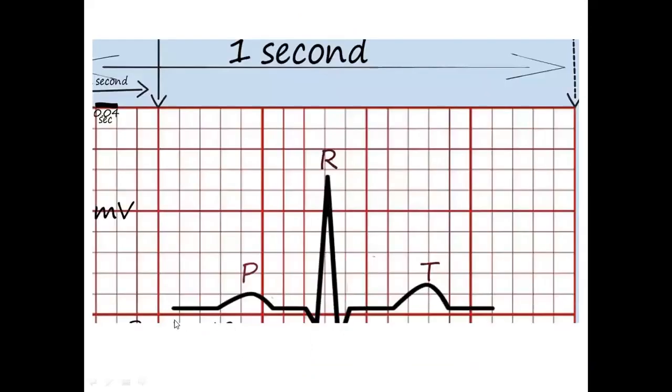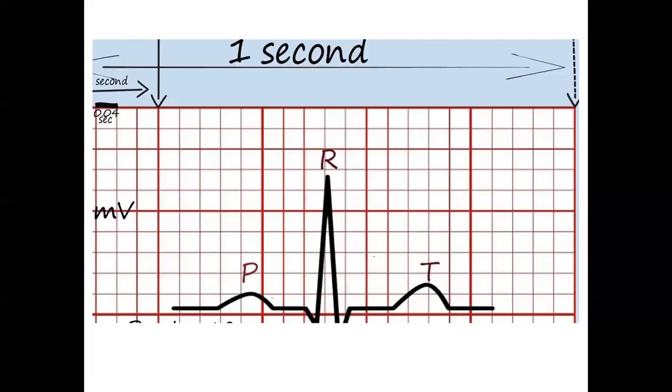If the red line here is called the baseline, in relationship to this baseline, the P wave is a positive deflection from the baseline, right? And that indicates a specific electrical event.